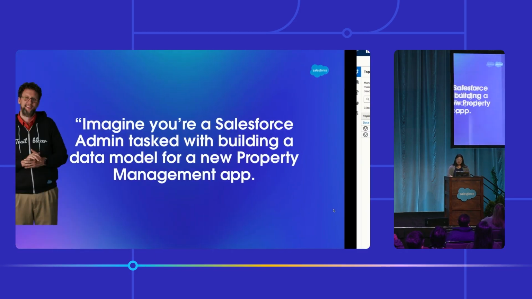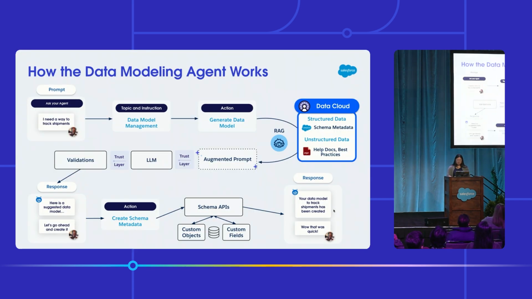And so I also want to show you a little bit of a flow diagram of how this works internally. So I talked a little bit about the prompt, the topic, the action, which is the generate data model action. I mentioned earlier that we send the original prompt into the LLM alongside a bunch of Salesforce context.